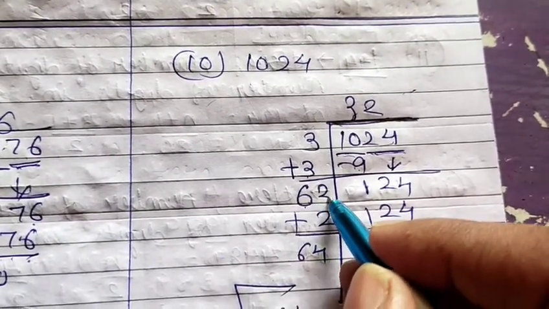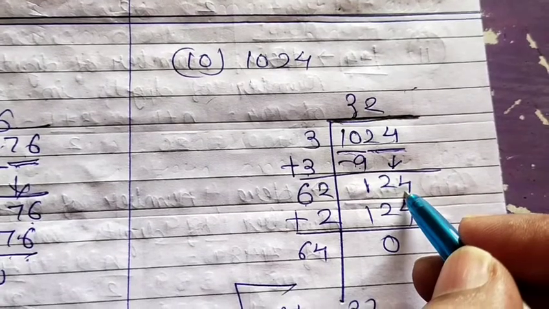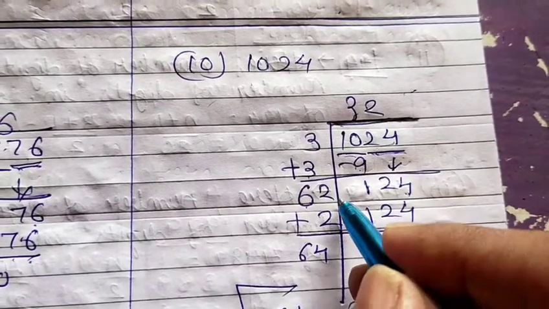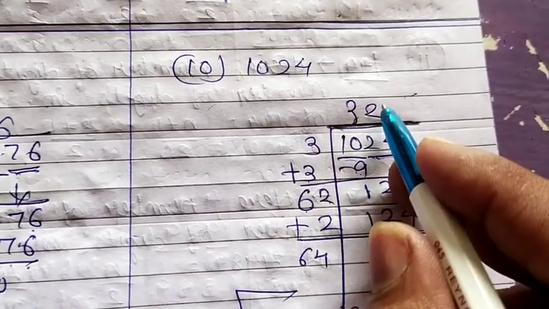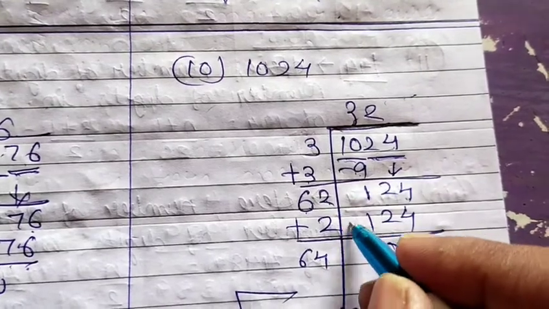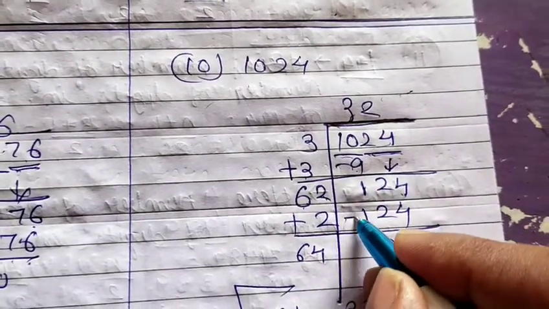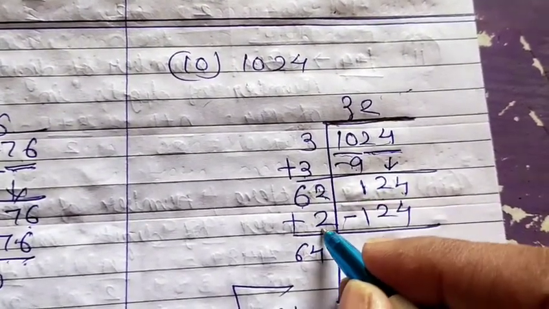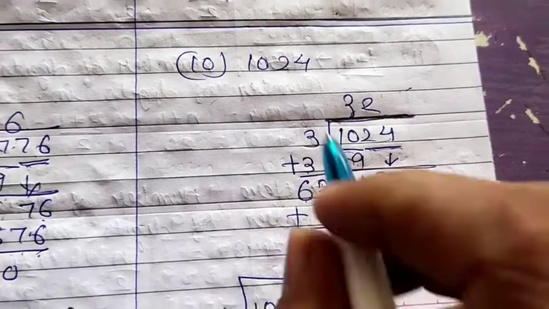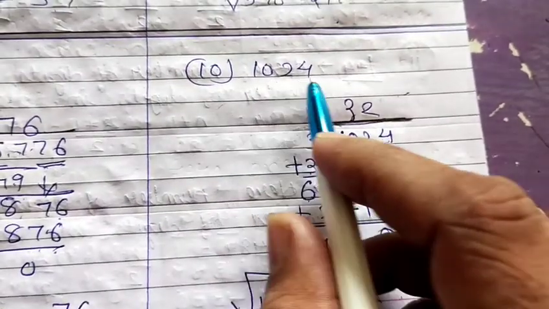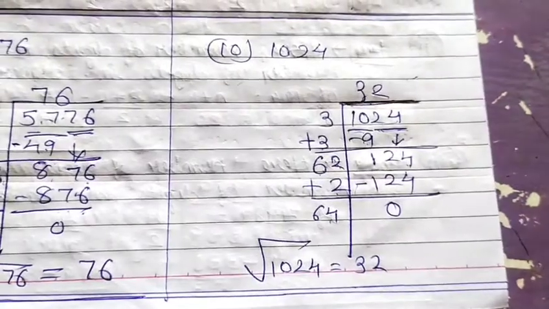Now what number will you take over here so that 124 will get divisible? Here 4 is there, so why not try with 2? That means 2 twos are 4 and 2 sixes are 12. Yes, so 62 twos are 124, and whatever value you have taken over here, the same value you have to take over here, so it will become 64. That means we can say that the root of 1024 is 32.